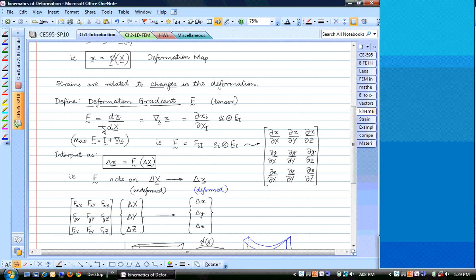I was telling you that to calculate F, all that you need to do is take the partial derivatives of small x with respect to big X. And in terms of matrices, that can be expressed like this. Small x with respect to big X, all these diagonal terms are the same variable, and for the off diagonal terms, you have to take the corresponding derivative.